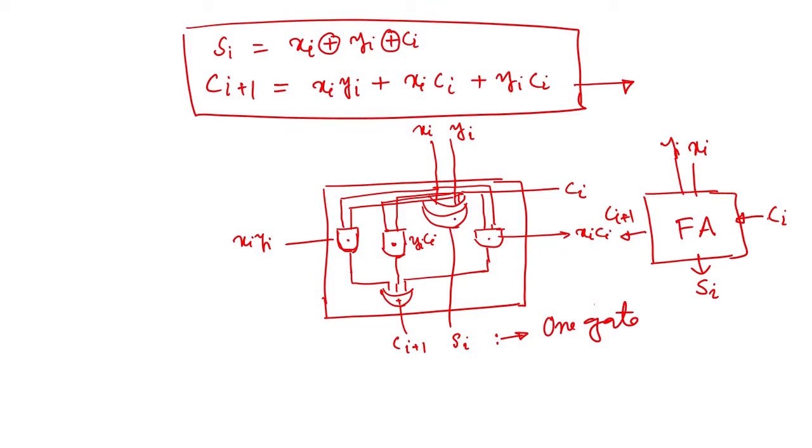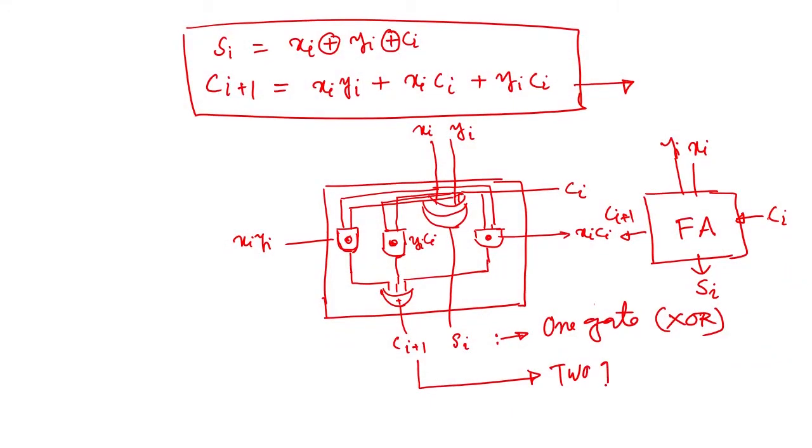You need only an XOR gate, but to get C i plus 1 you need 2 gates, because at the same time you are giving input here, here. That means 3 AND gates can work in parallel, and after that an OR gate. So, you need 2 gates, one is an AND gate followed by an OR gate.